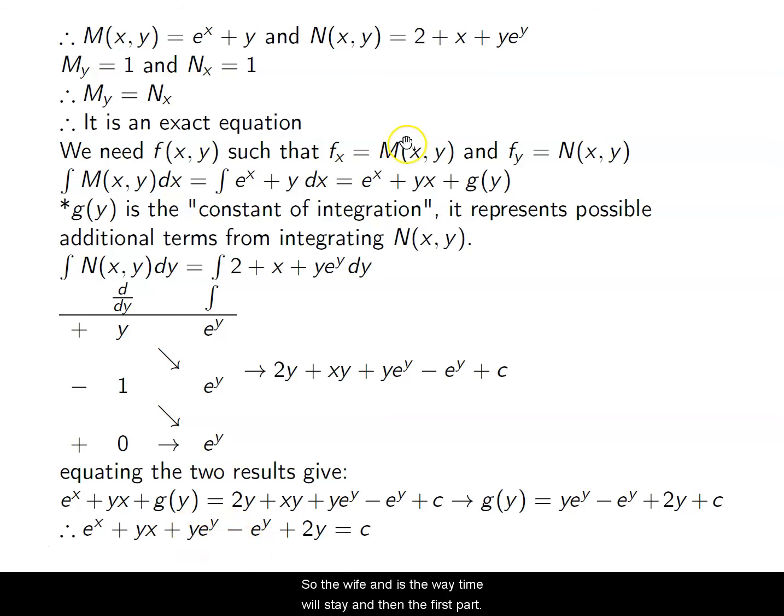So the y times e to the y term will stay, and then the first part, the 1 times e to the y, so just e to the y, will cancel with this, and that will disappear. And so I'll be left with just y e to the y when I differentiate this with respect to y, right? So this actually works out. Okay, and we do that again on the next slide.